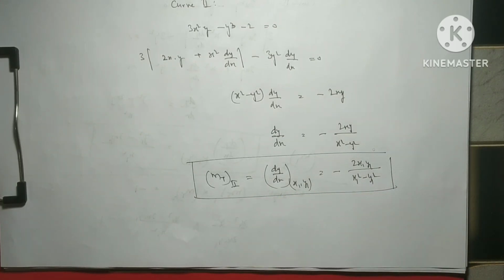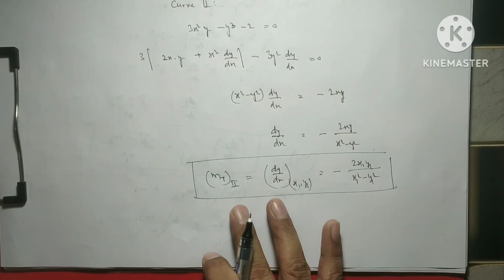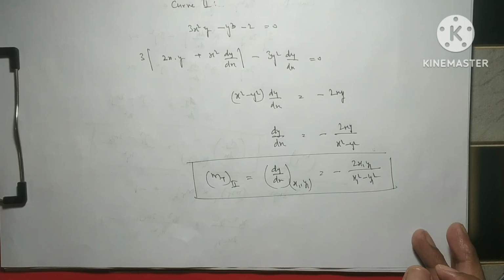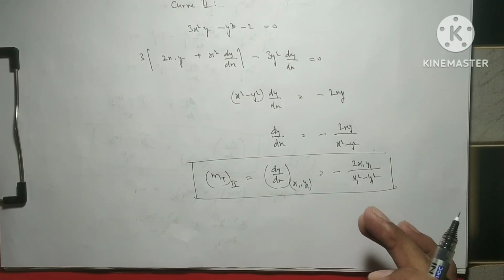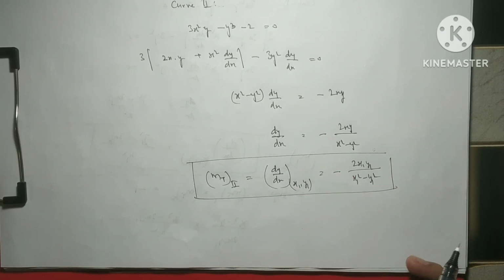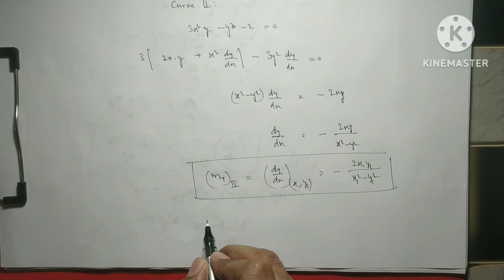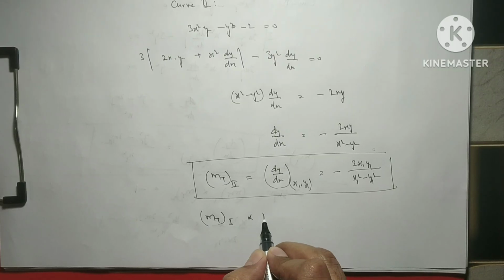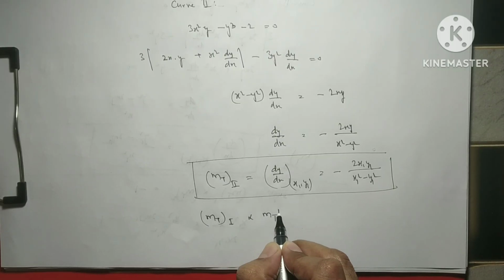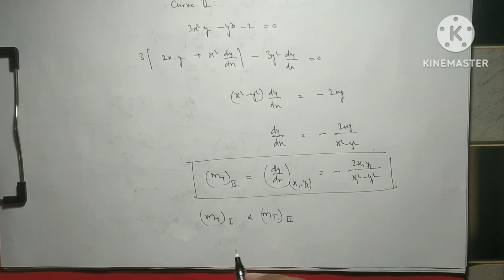So we have the first slope and the second slope. If the product of these two is minus 1, that shows the tangents are perpendicular. So first we have to show this. So we have m1 and m2, so we put these values.